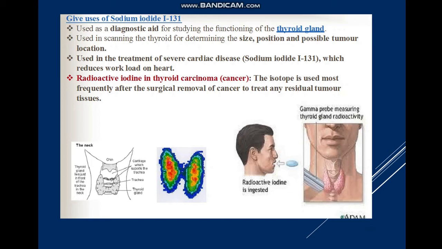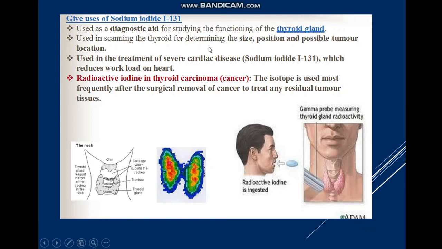A patient is injected with a radiopharmaceutical, which has a radioactive component that decays, and a pharmaceutical component which takes it to its desired organ. For example, radioactive iodine is used as a diagnostic aid for studying the function of the thyroid gland.